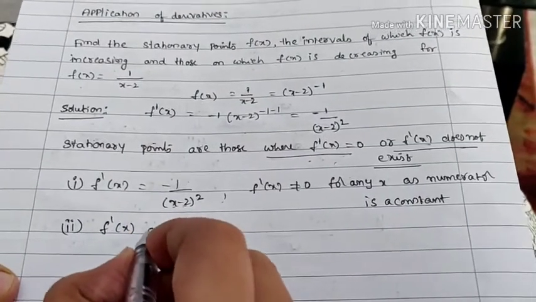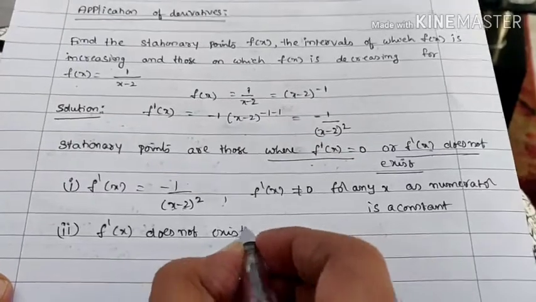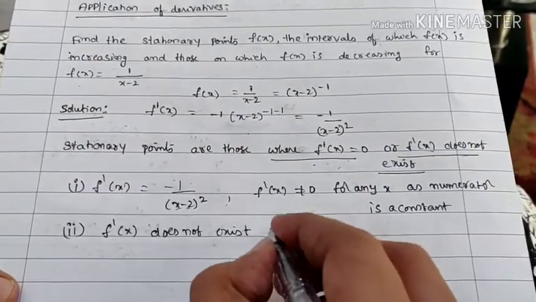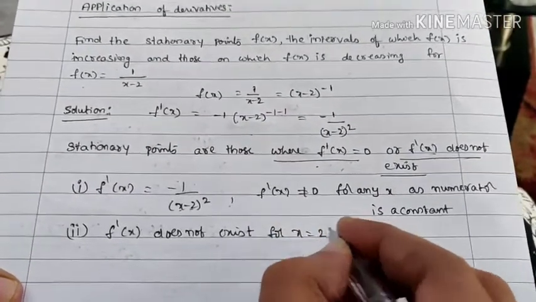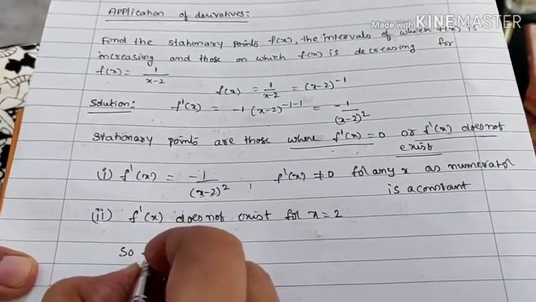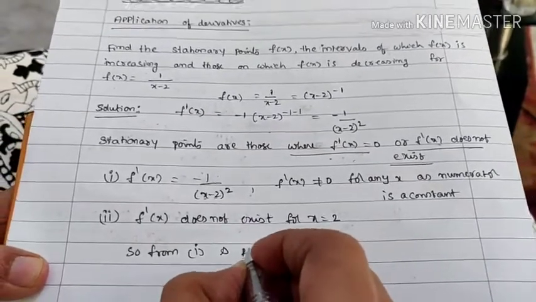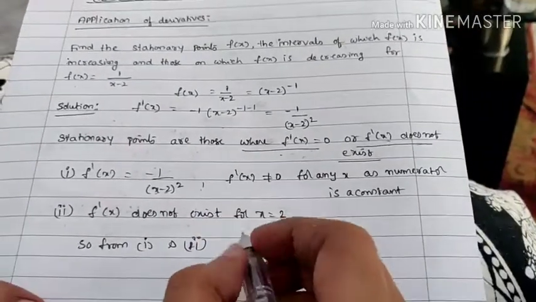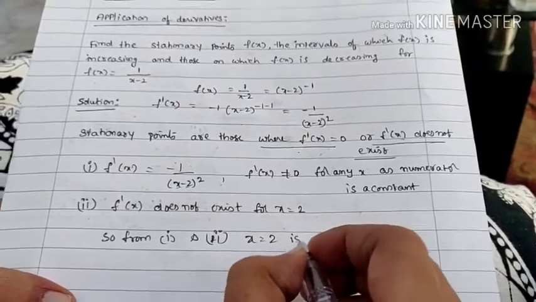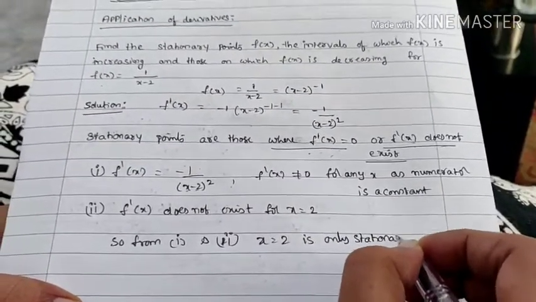So f dash of x does not exist for x equal to 2. From 1 and 2, x equal to 2 is the only stationary point.